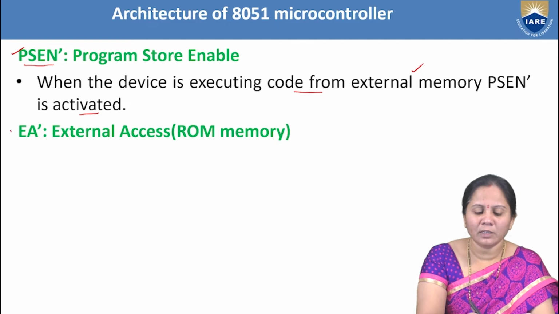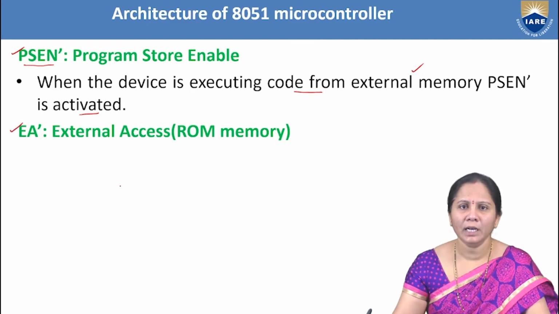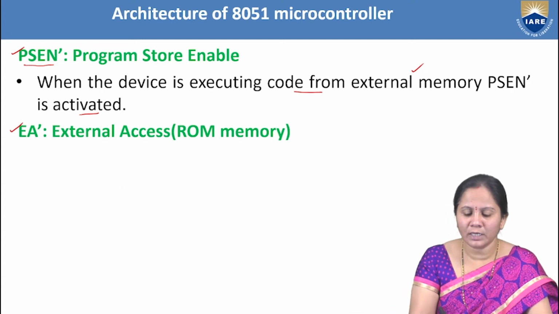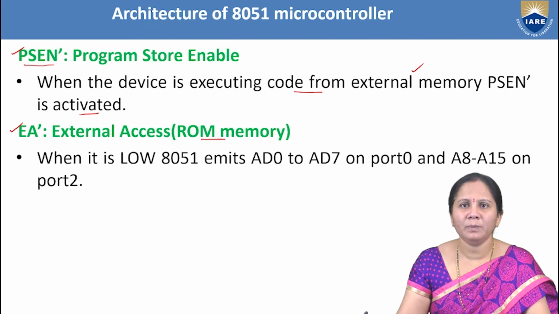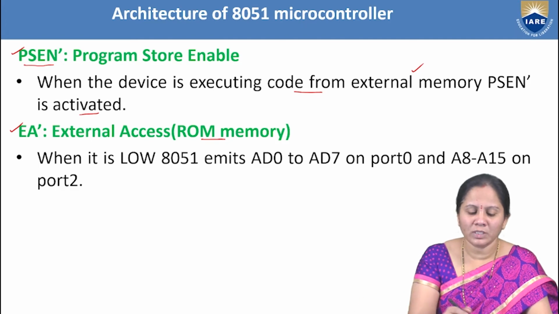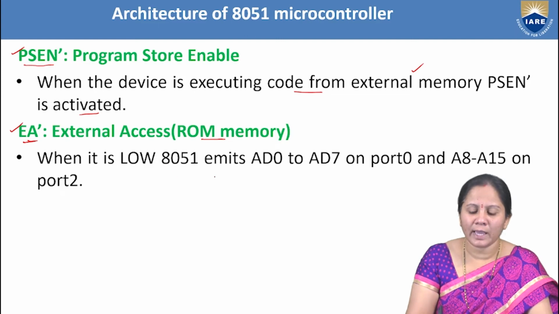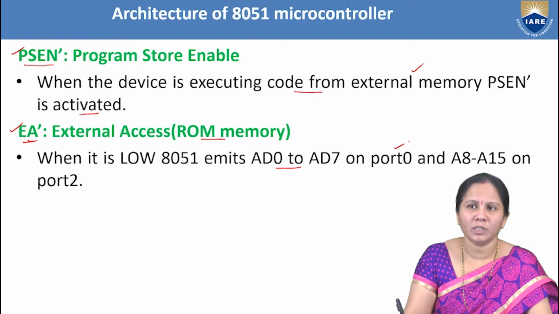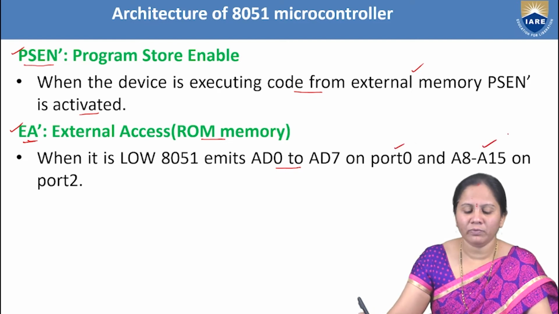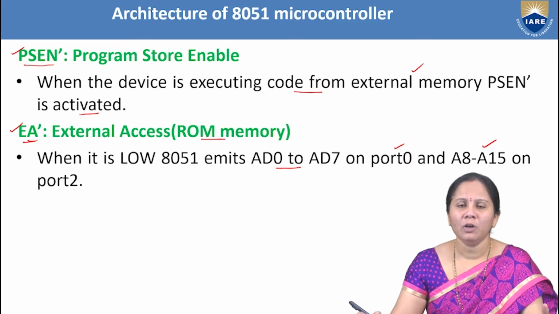The next control signal is EA bar. EA bar stands for external access. This is related to the ROM memory. This is an active low signal. When it is enabled, that is active low, it emits AD0 to AD7 on port 0 and A8 to A15 on port 2. As we know, port 0 and port 2 have dual operations.